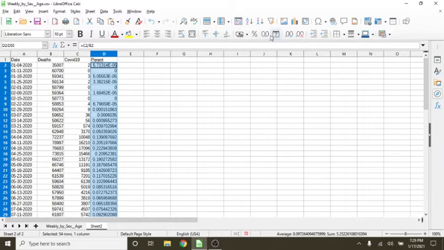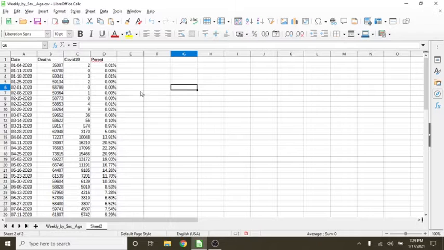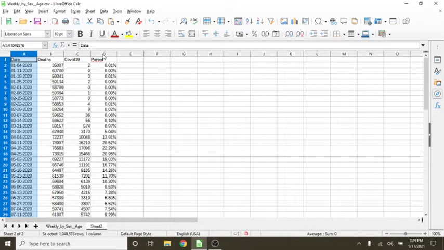Okay, let's convert this to a number and convert it to a percent. So the question is this: what percentage of the total deaths is COVID-19?